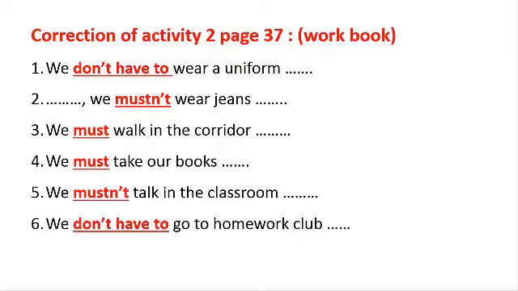Number 6, we don't have to go to homework club, but lots of people do. We don't have to, but some people do. This is the correction of this activity, and I'll send you a picture of the correction of exercise number 4, page 55. This is all for today.